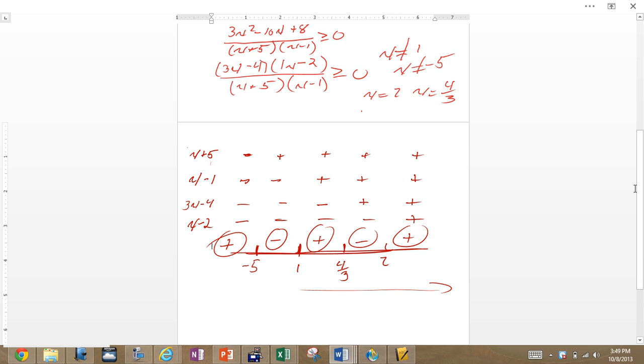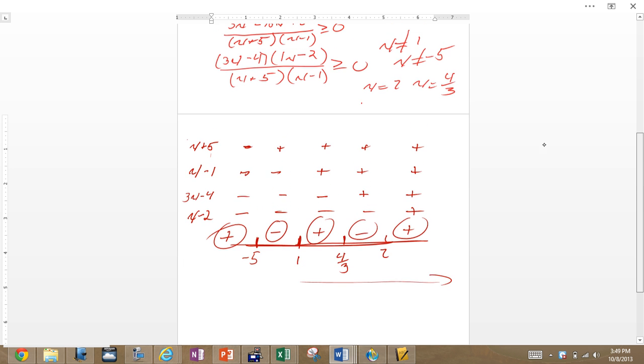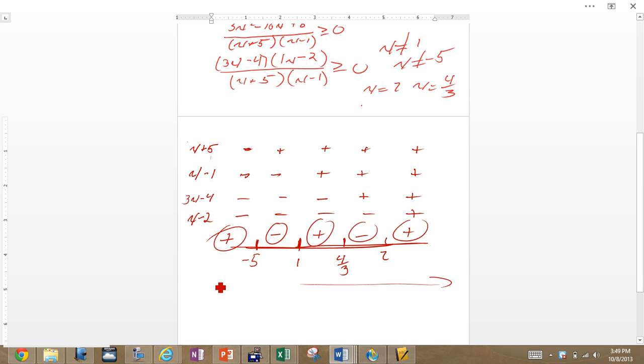Now, what am I after? I'm wanting to know when this expression is greater than 0. Well, in this region, which is negative infinity to negative 5, I can't include negative 5 because I made that claim up here, so I can't bracket that. I can put a parenthesis around that. My next positive interval is from 1 to 4/3.